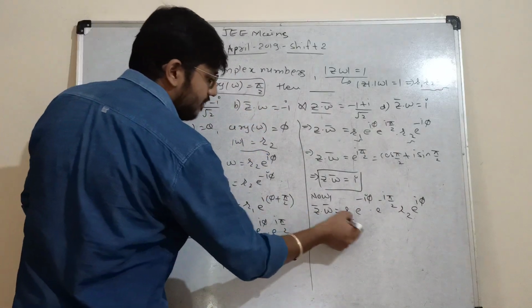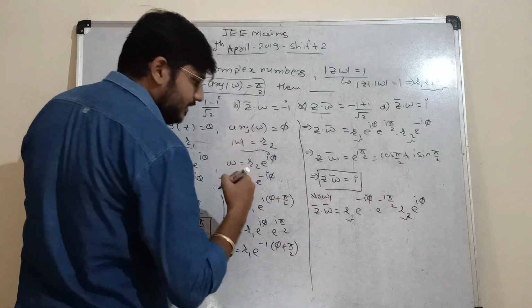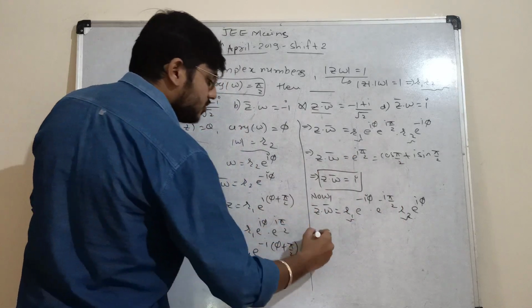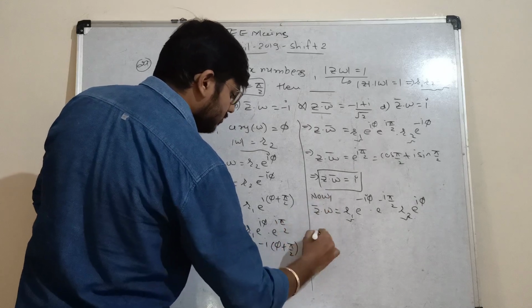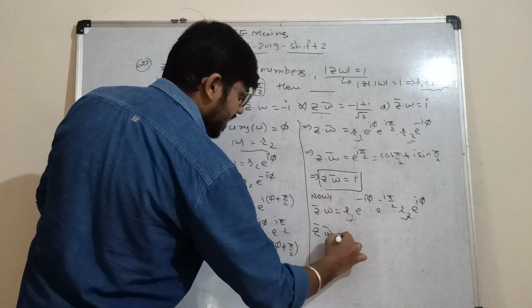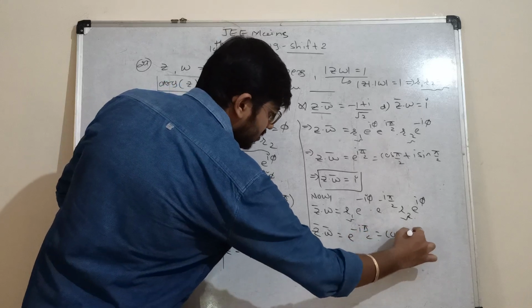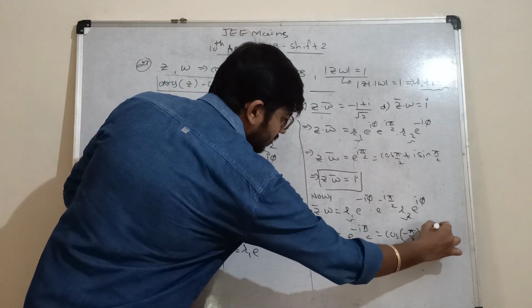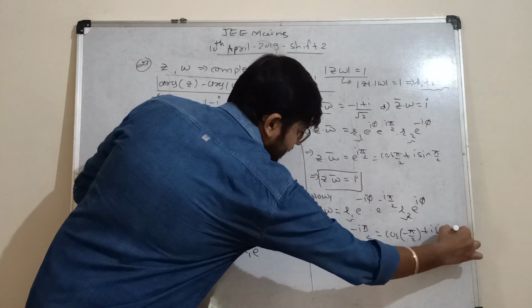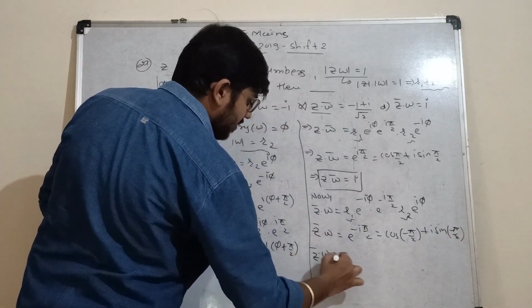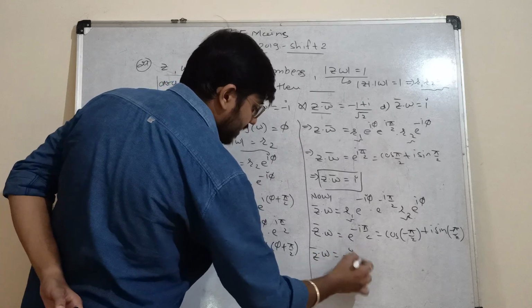So again r1 dot r2 equals 1, and e raised to minus i phi plus i phi is again 1. So z bar dot w is e raised to minus i pi by 2, which is cos minus pi by 2 plus i sin minus pi by 2. Hence z bar dot w equals minus i.